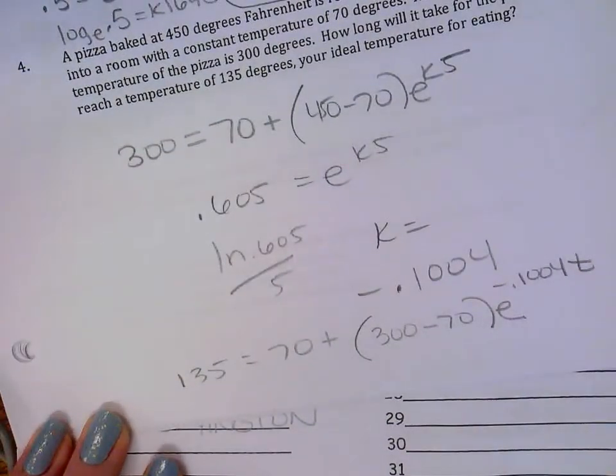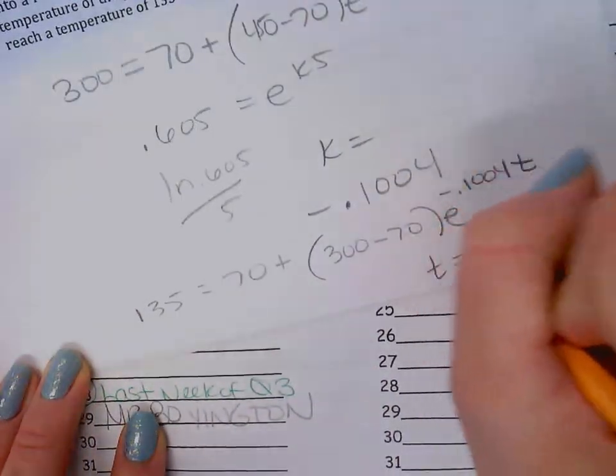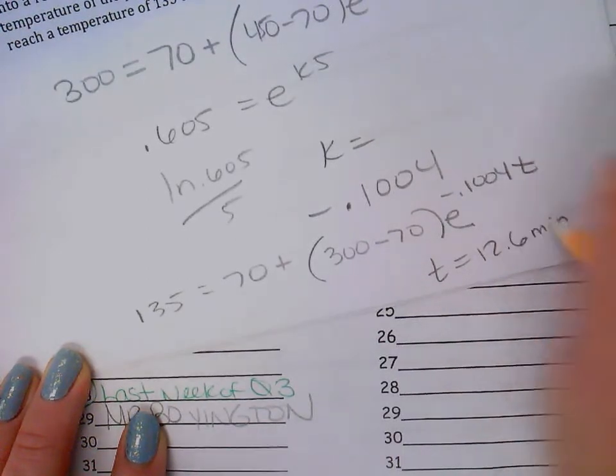When you solve for T, T comes out to 12.6 minutes. So they have to wait 12.6 more minutes.